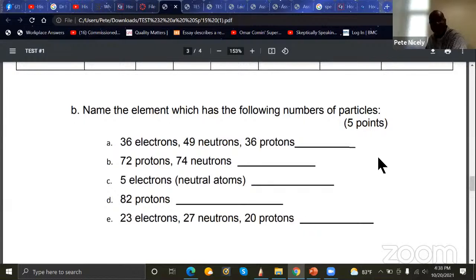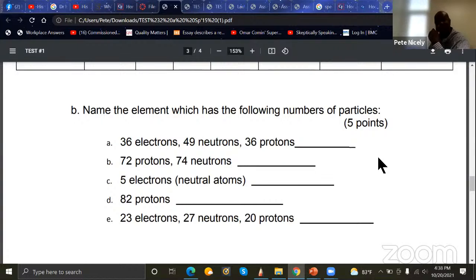The next one says 5 electrons and it says neutral atom. So what does that tell you? Five electrons and it's a neutral atom. Has the same number of protons. Okay, so which element is that?